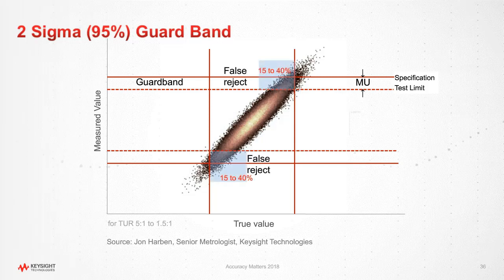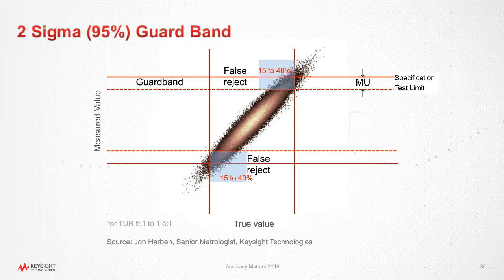At a test uncertainty ratio of 5 to 1, which again is a good one, you'd still be failing as measured 15% of what's going through your production line. And if you were as low as 1.5, it would be 40%.